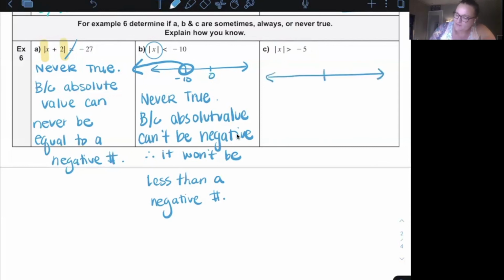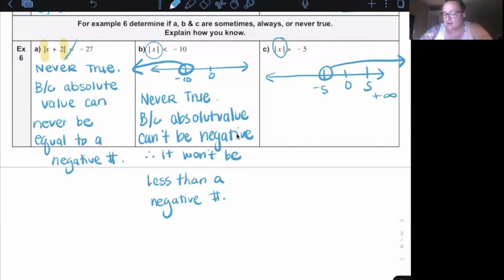That would mean that the absolute value of x would always land in the right direction of negative 5, which means it would include numbers like 0, 1, 2, 3, 4, 5, and so on, all the positive infinity numbers, right? Will an absolute value be greater than negative 5? Yeah, it'll always be greater than negative 5, no matter what you plug into here.